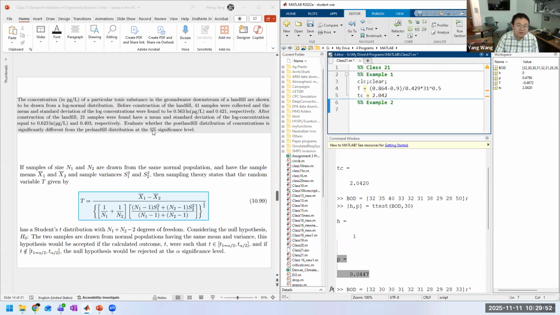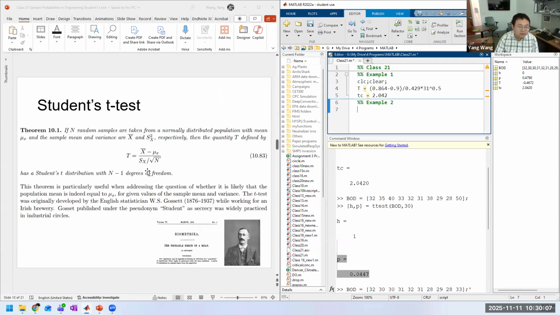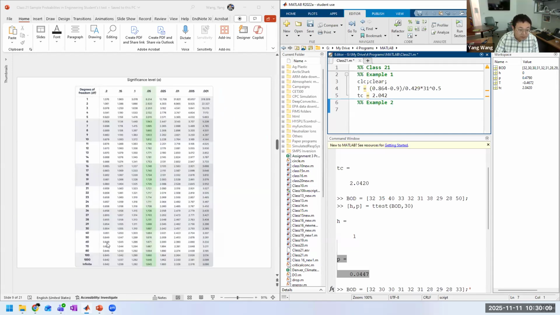Because of that, we have to use alpha being 0.025, and the degree of freedom is 41 plus 21 minus 2, so that's 60. We go back to this table, degree of freedom 60 and 0.025, so the critical t-value is 2.